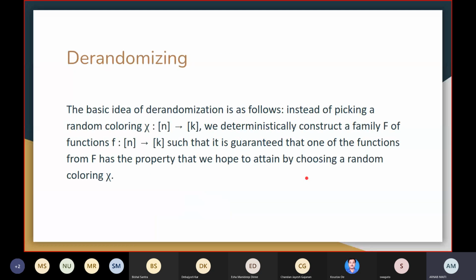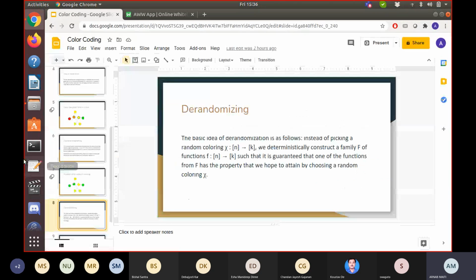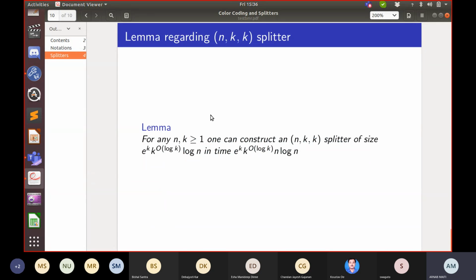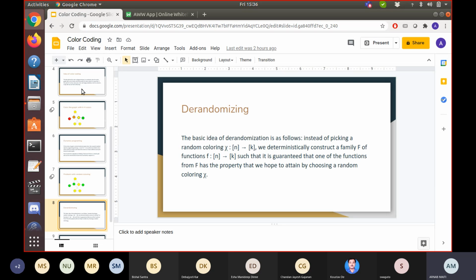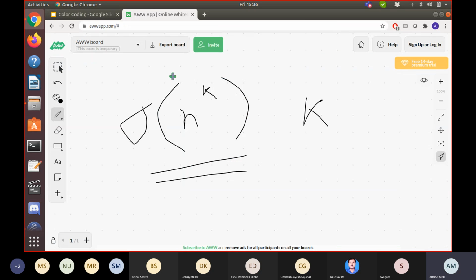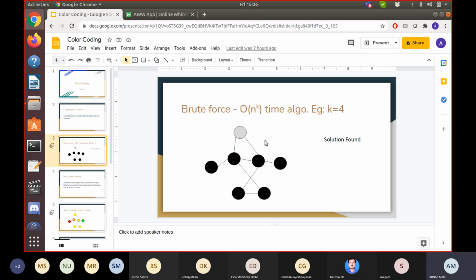And we saw that the (n,k,k) splitter can be constructed in this time. So it means that we can solve the problem in time some function of k times polynomial of n. So we are not going to end up with the brute force time complexity, which was order n to the power k, which I showed initially, but we are going to get a better algorithm than that.